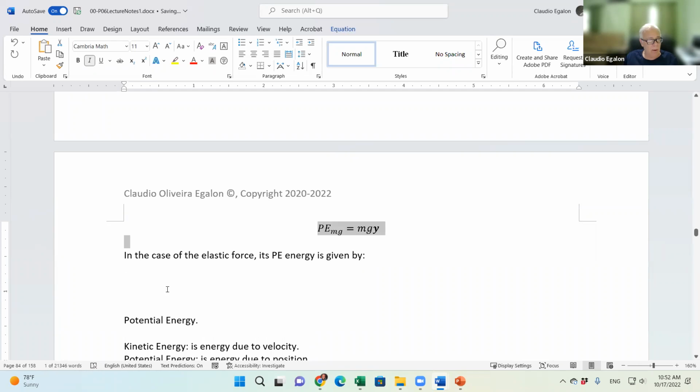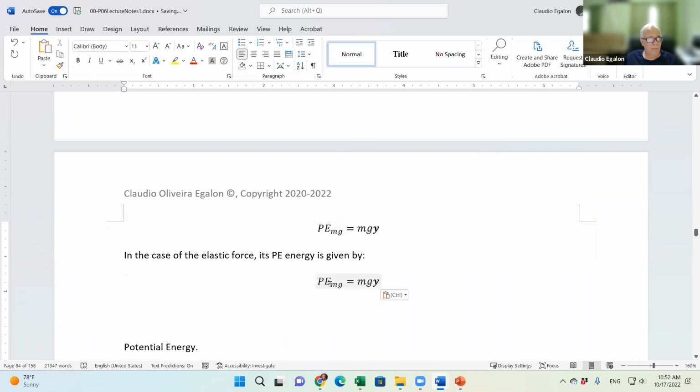The potential energy due to a spring, or the elastic potential energy, is equal to, I'm going to emphasize, plus half kx squared. Okay?